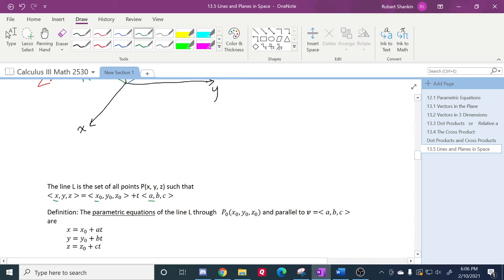Then we do the same thing with the y's, and the same thing with the z's, and we get the 3 parametric equations. So putting it in this format is equivalent to putting it in this format. They're just different ways of saying the same thing.